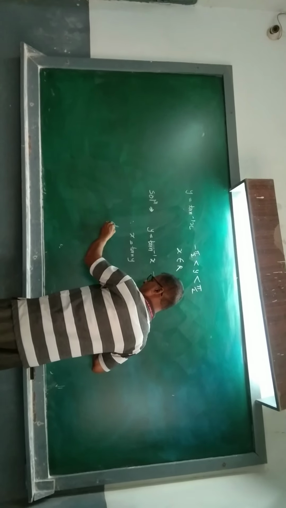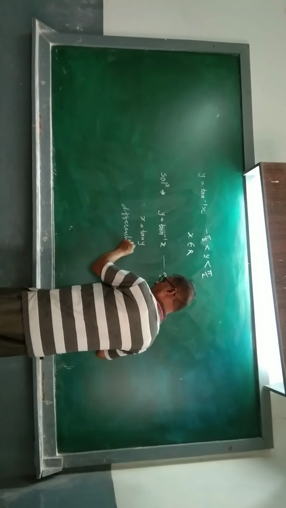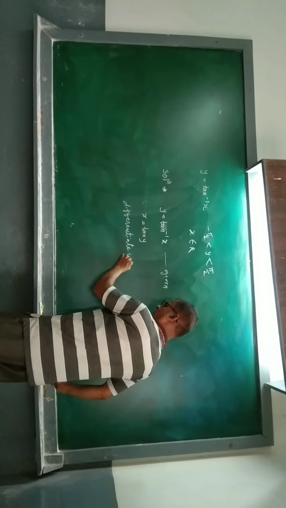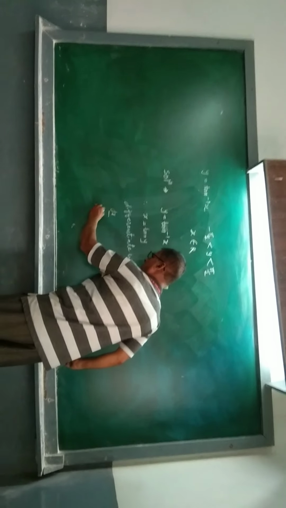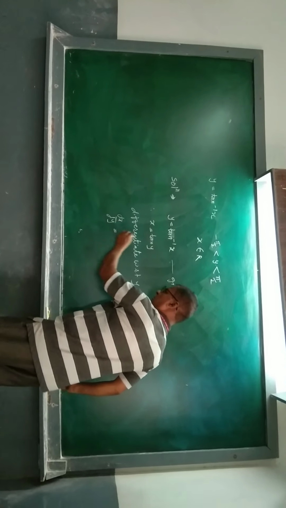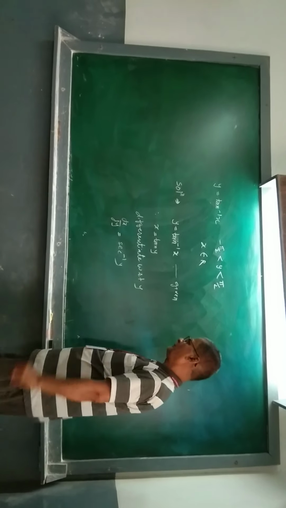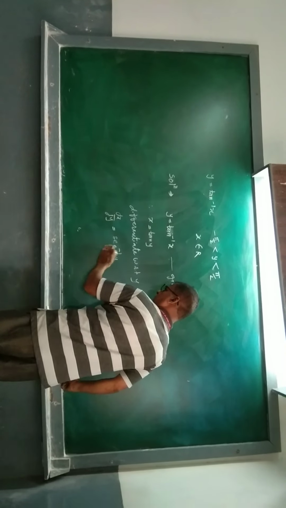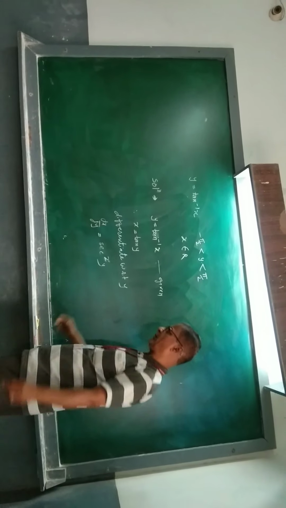Now differentiate with respect to y. dx upon dy is equal to sec square y, since the derivative of tan y is sec square y.